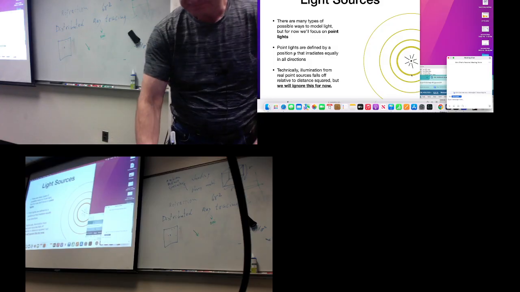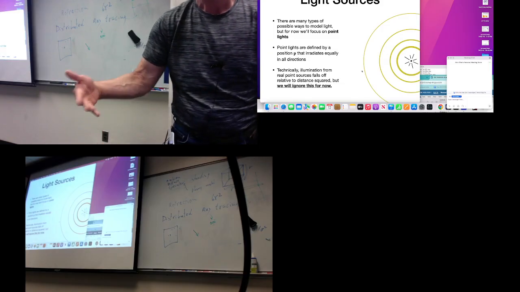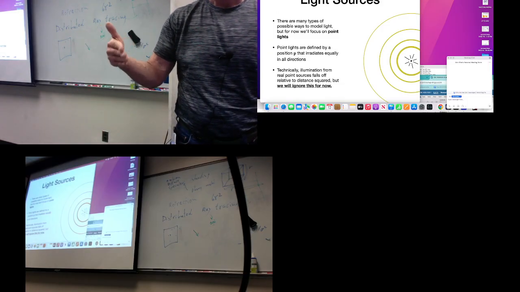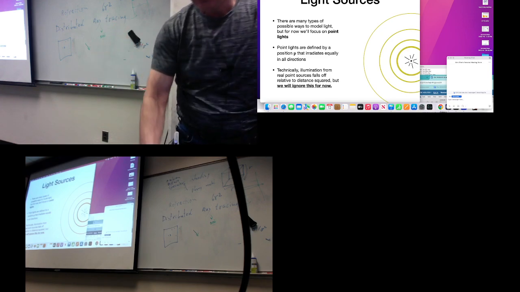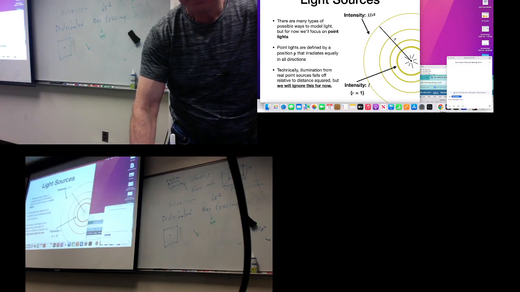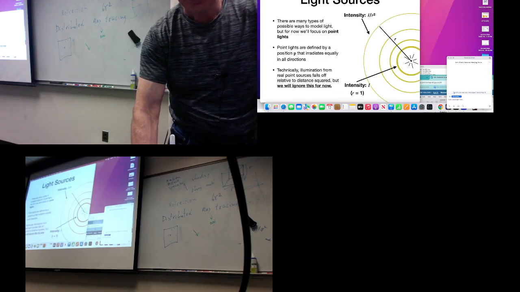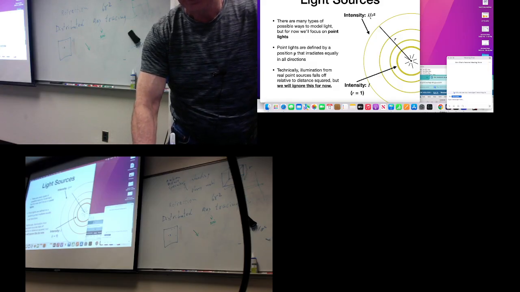Just because, remind you, most monitors have limited color density. The values that you can assign for every pixel are between 0 and 255 when you eventually get to display it. So intensity, just to see the slides till the end, is the same intensity I, divided by r squared.